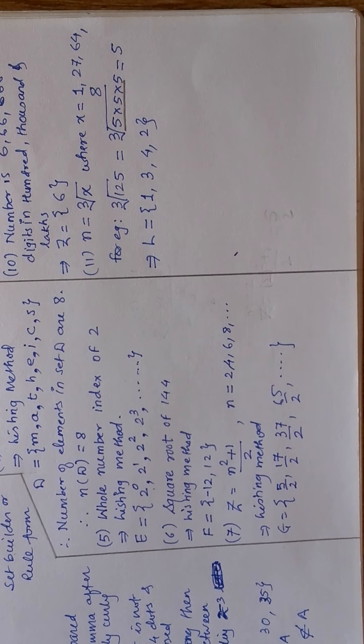Agreed? So 2 into 2 into 2 is 8, but minus into minus became plus, and that plus into minus became again minus. So the final result is minus 8. So sign matters in cube root, 5th root, 7th root, 9th root. Okay? And in other roots, sign does not matter.